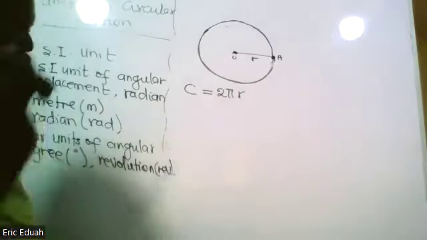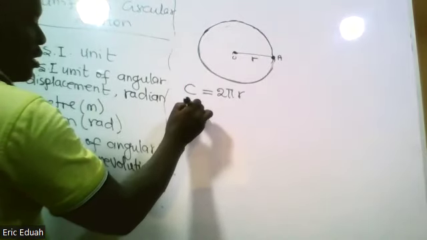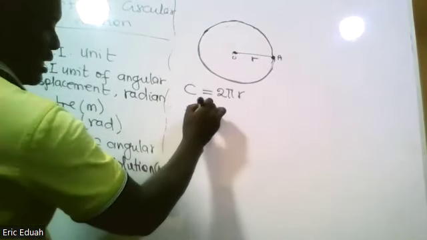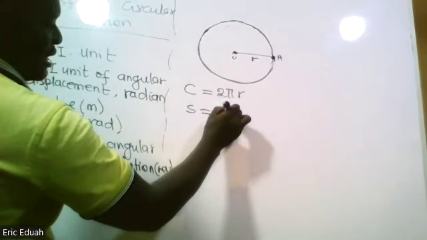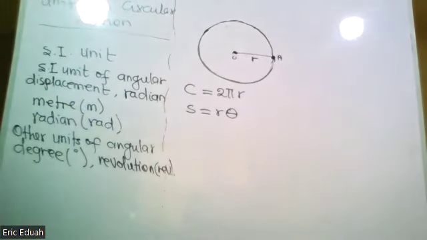Now, we've also established that linear displacement is equal to radius times angular displacement.